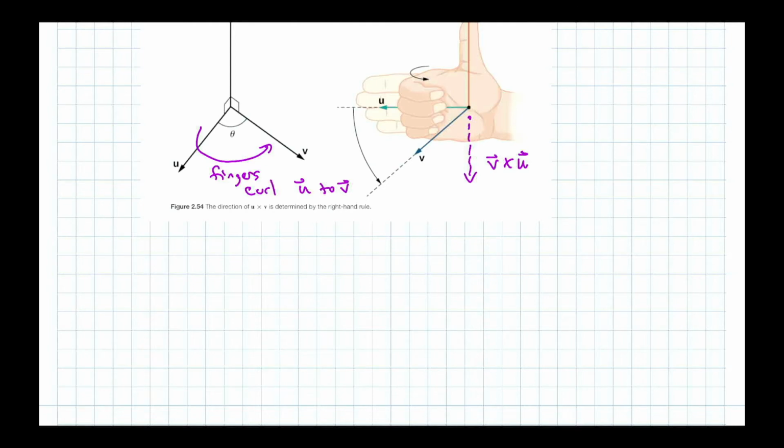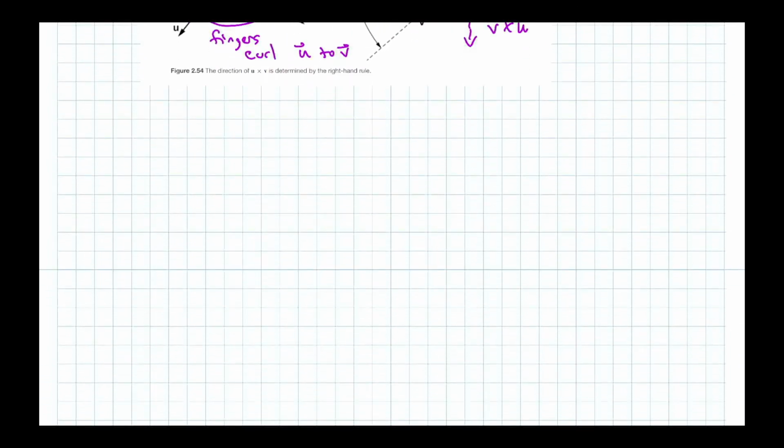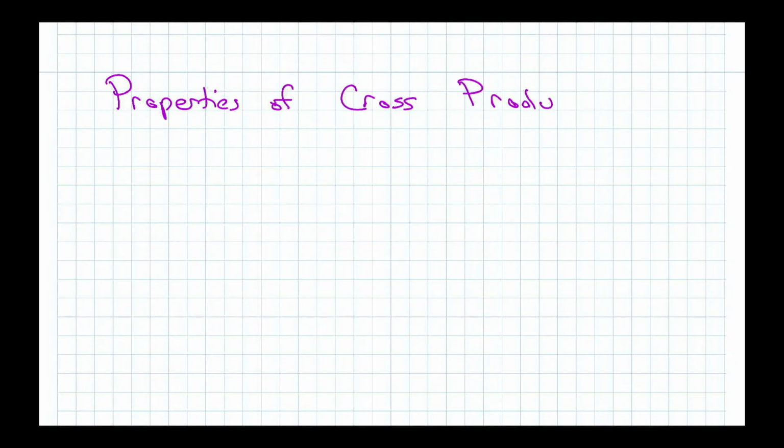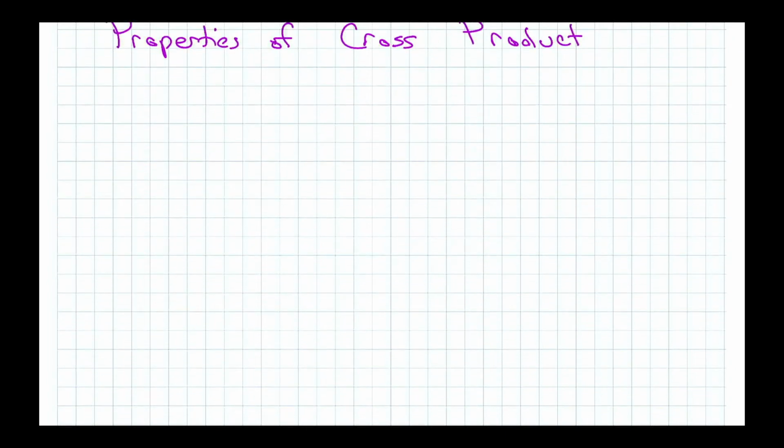Another fact that we can use is these are just some properties here. Let's list them before we get into how to calculate it in a better way. Properties of the cross product. The first ones I want to list actually have to do with the I, J, and K. If you have your axes here, you know that I is in that direction, J is in that direction, and K is in that direction.